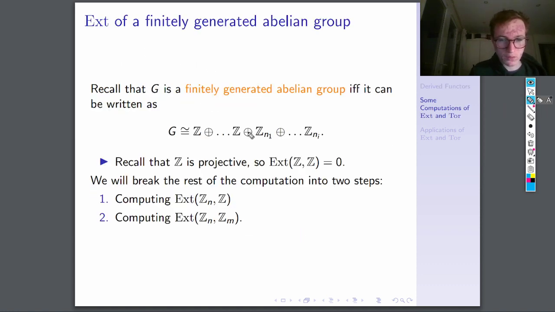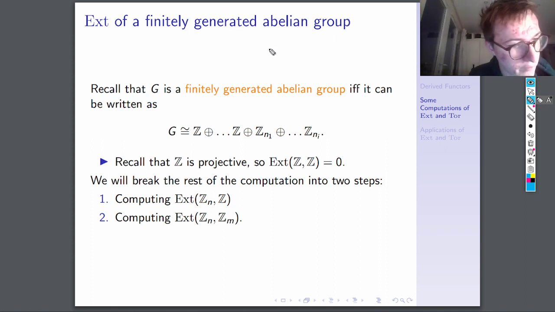So, again, what I'm talking about here is Ext over the integers. So whenever I say Ext, I mean over the integers, basically. Another thing that I take for granted is that Ext and Tor do, in fact, preserve direct products.